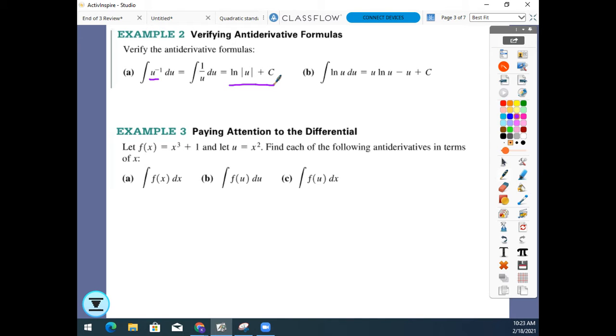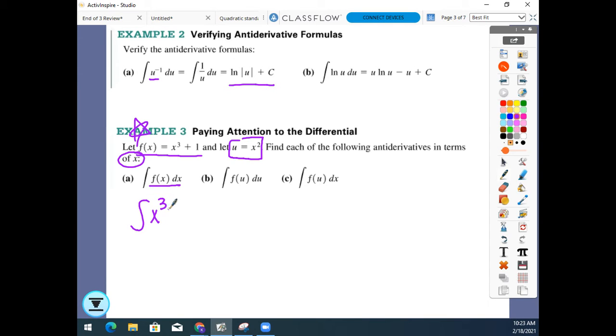Okay, so paying attention to the differential. This says f of x is x to the third plus 1, and u is x squared. Find each of the following antiderivatives in terms of x. So notice letter A is basically just f of x.